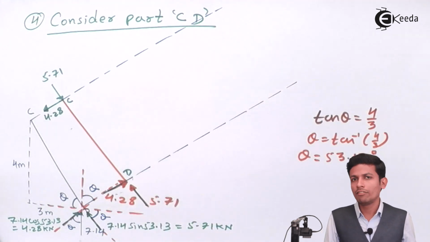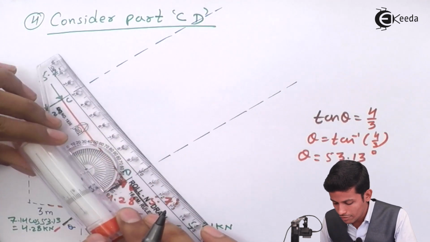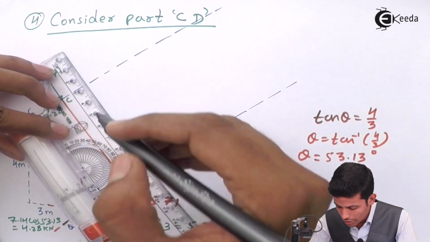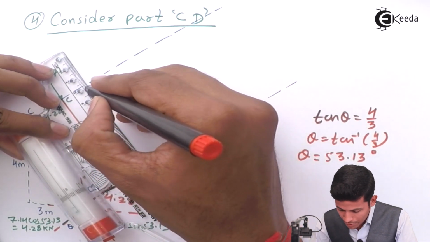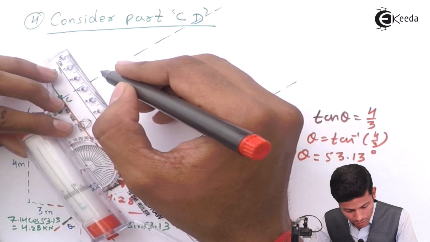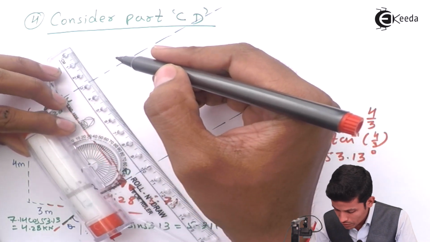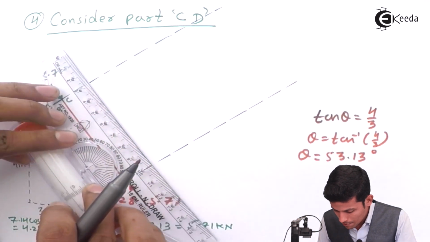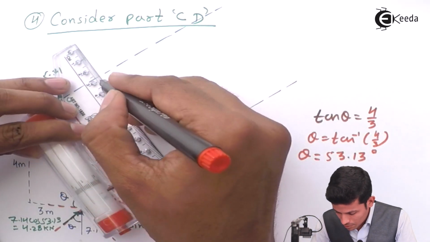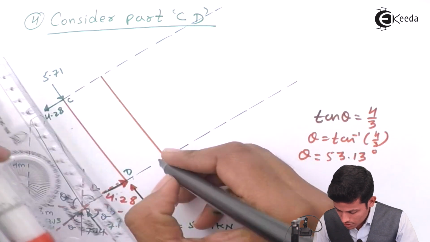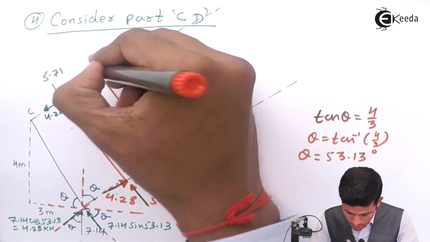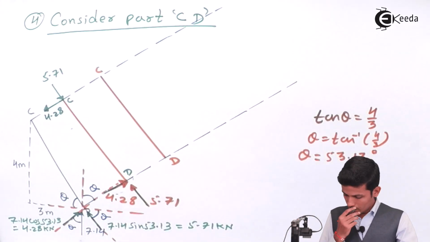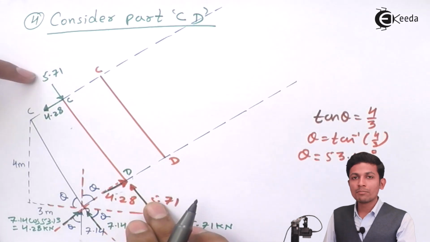Now directly draw the AFD and SFD. Now how will you draw the AFD? See, this is compression. See, compression means minus.